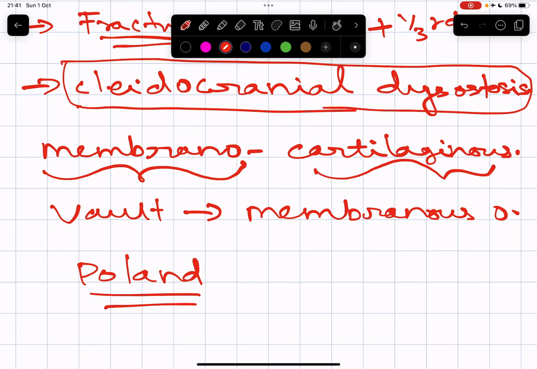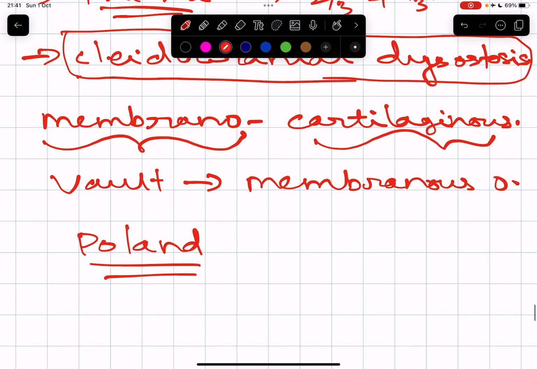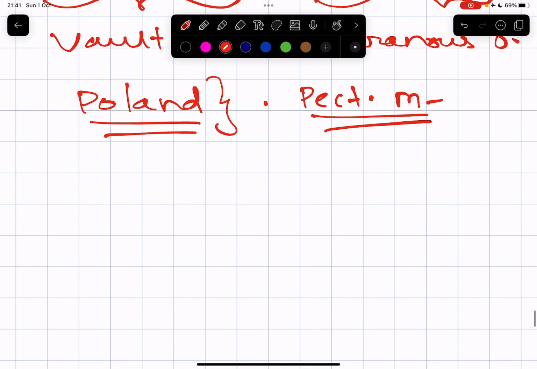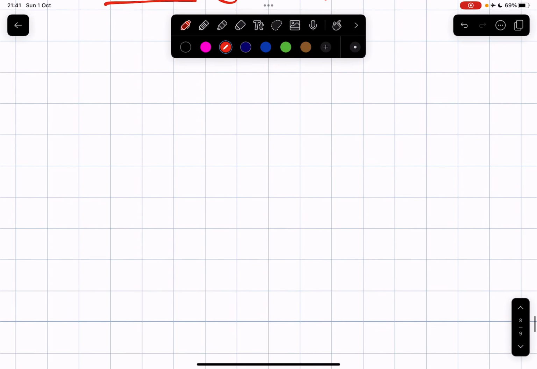When the clavicles are absent, the two edges of the shoulder can be approximated or even touched. So Poland deformity is when the pectoral muscles are absent or not formed. So that's about the applied anatomy of the clavicle.